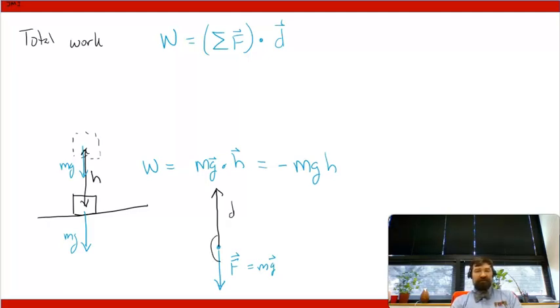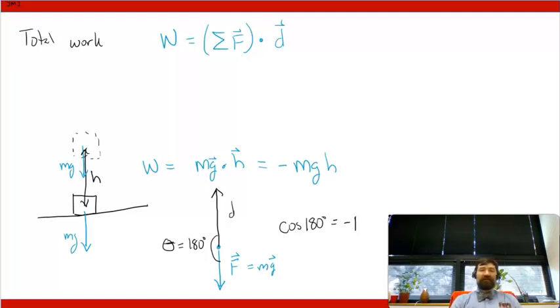The answer is theta is 180 degrees. So if I take the cosine of 180 degrees, I get -1. A reminder, make sure your calculator is in degree mode if you're double checking this, but cosine of 180 degrees is -1. So when I do m times g times h times cosine theta, I get mgh times -1, which is negative mgh.